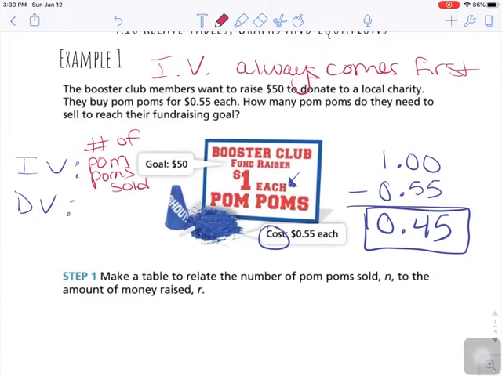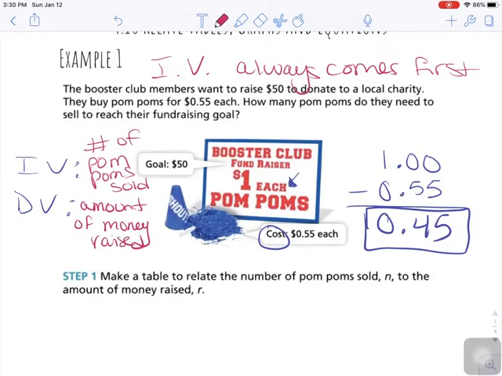It affects the dependent variable. It affects how much money we made, but it also comes first. So IV will always come first in this scenario. And our DV here, our dependent, is the amount of money that we are making. So amount of money raised.